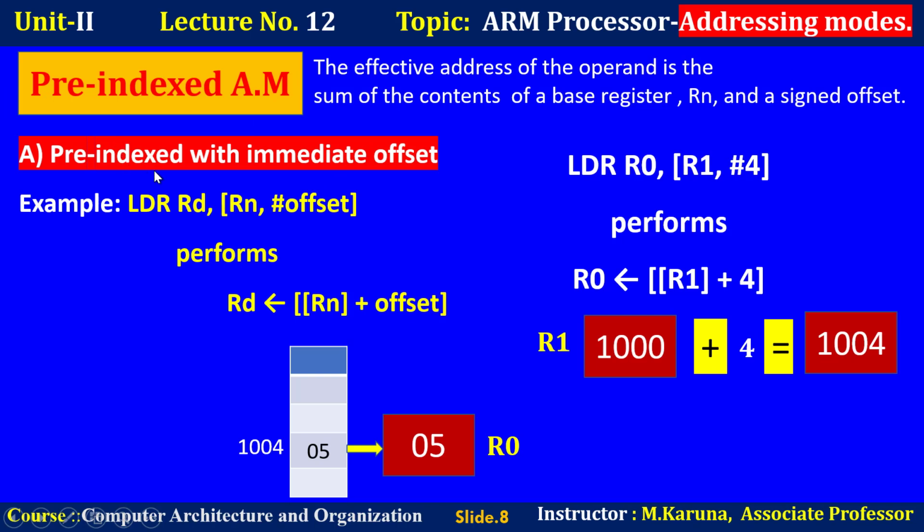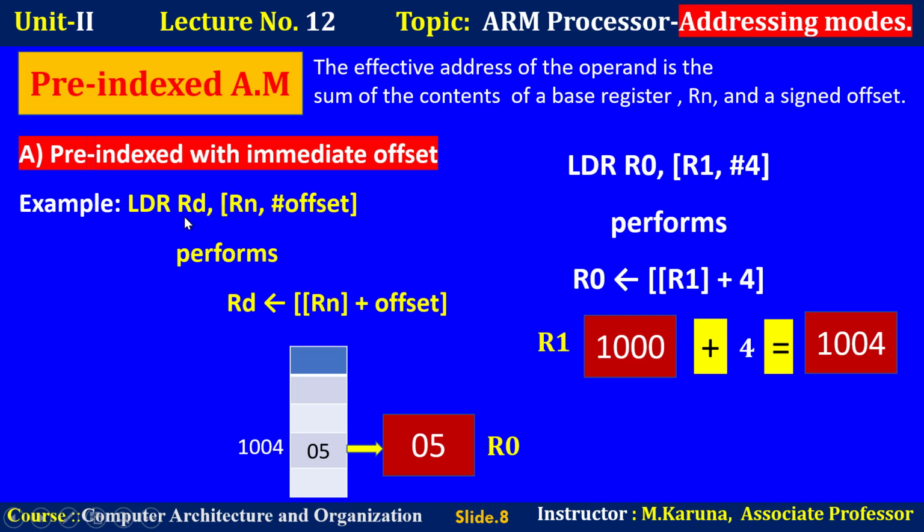Indexing is nothing but distance, the distance at which the operand is available from one location to another. Pre-indexed means before accessing any data, the effective address will be calculated. That's why you can say pre-indexed addressing mode. Here we are using the load instruction: load register RD comma RN comma offset. That offset means a number, and before that number we use a hash symbol.